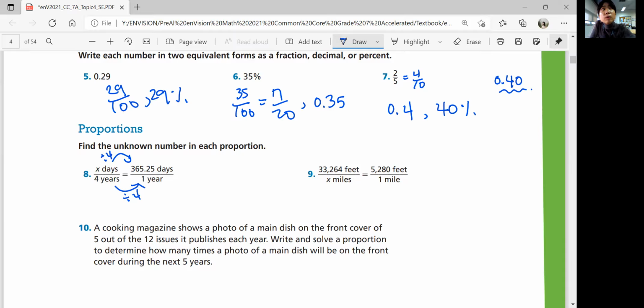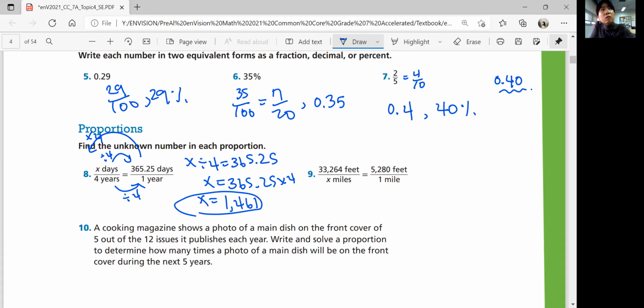So X is equal to 365.25 times 4, which is 1,461.